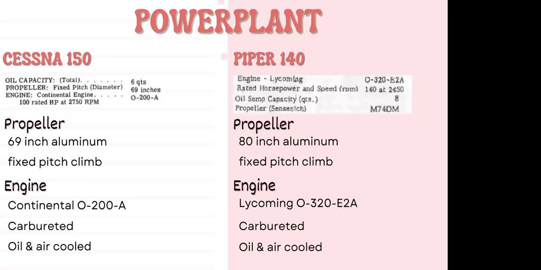And one last thing about the O-200-A is that we have an oil and air cooled system. And this is pretty common on small general aviation aircraft. I guess you could say the alternative to oil or air cooled would be coolant cooled. So like what we have in our car, in our radiator, that's coolant. And some aircraft are cooled that way.